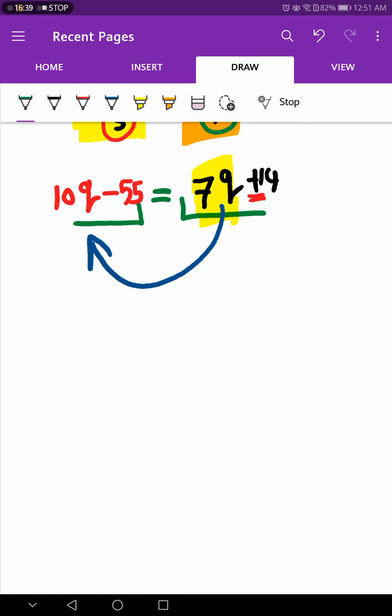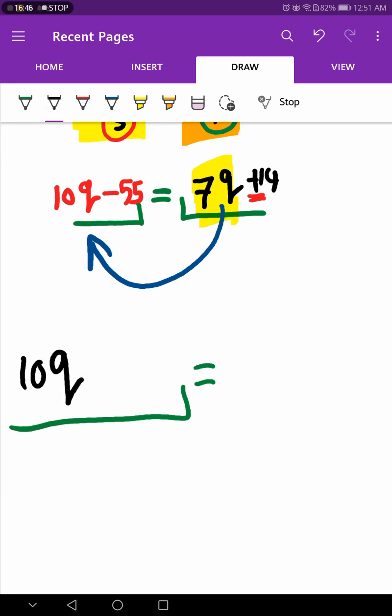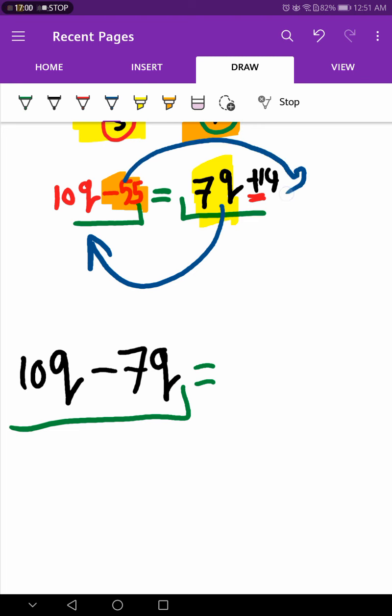So in the left side, I have 10Q, negative 7Q. And at the same time, I will move the negative 55 from left side to the right side. So it will be 14 plus 55.